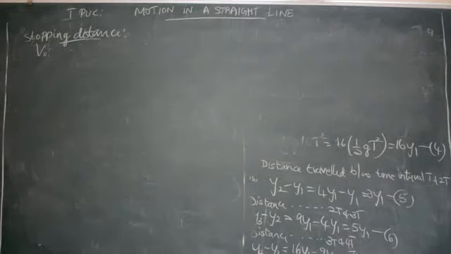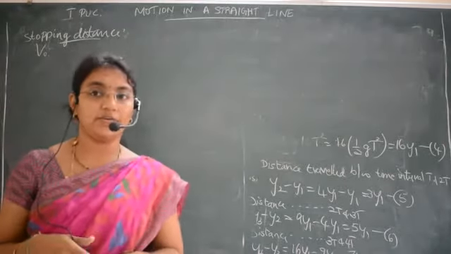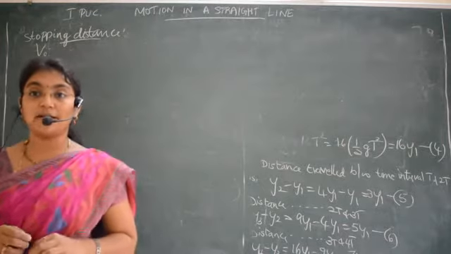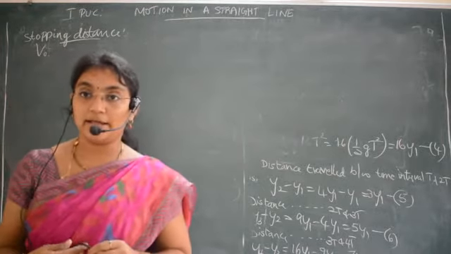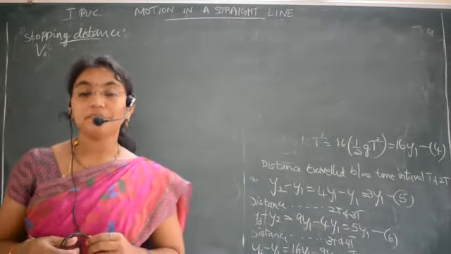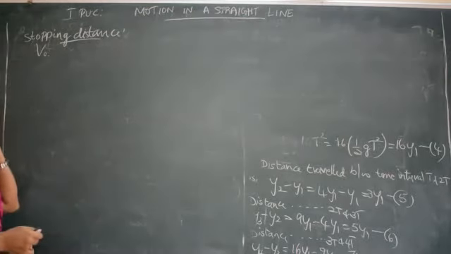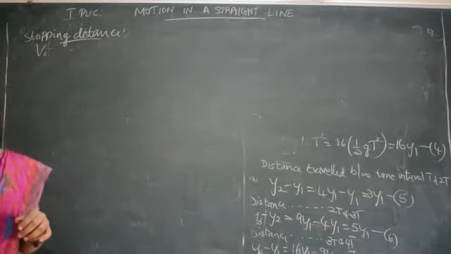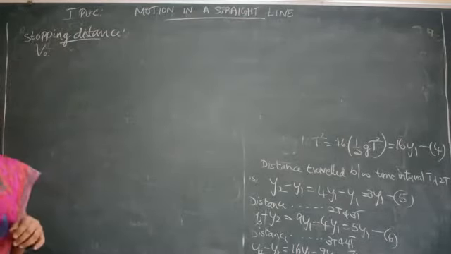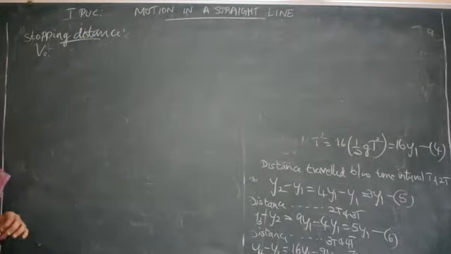Next is stopping distance. I think the definition is already given, correct? It is the distance traveled by a body after applying the brake and before stopping the vehicle. So how to derive it? Let us consider a vehicle moving with the velocity v0.